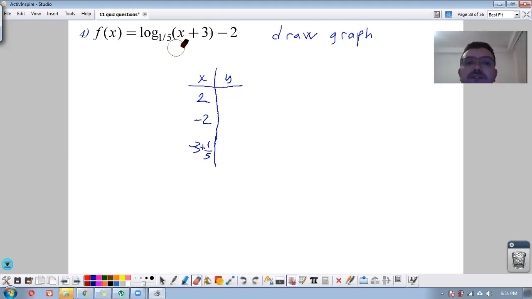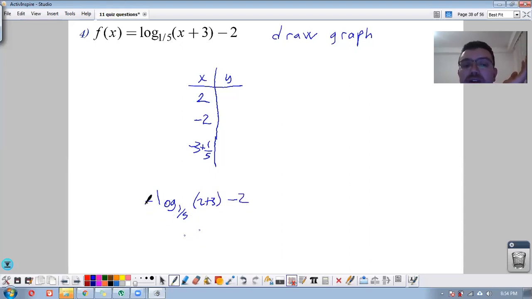So now, after you decide these numbers, right now I'm skipping the first part, which I told you in the class. Without doing the first part, this question becomes harder to think about, which is what happens when you put 2 instead of x. You will have log base 1 over 5 of 2 plus 3, and minus 2.